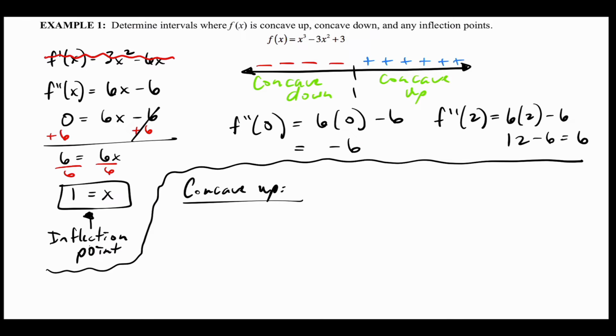Yep, so start at 1, and we go to positive infinity for concave up. Concave down next. That's from negative infinity to positive 1.